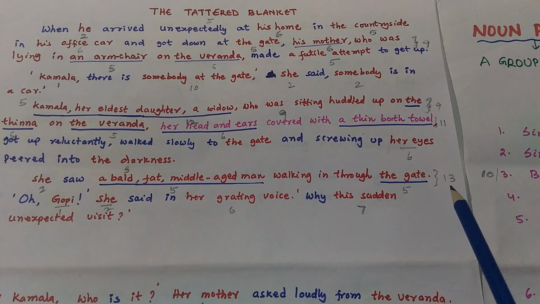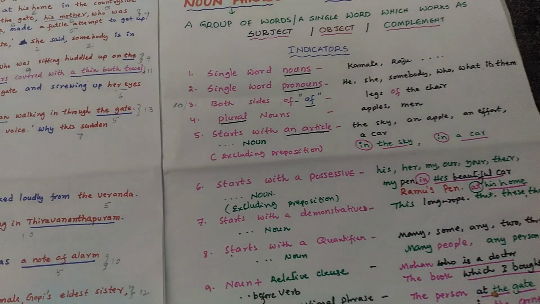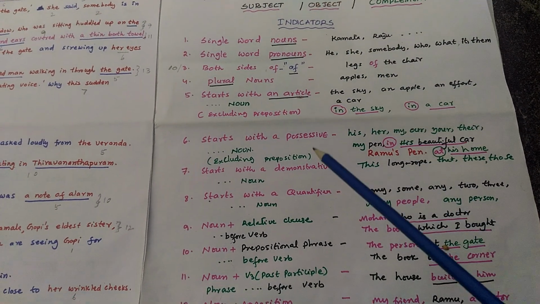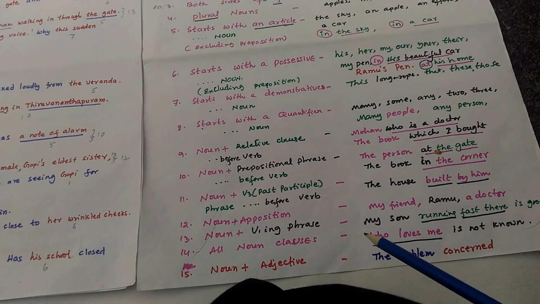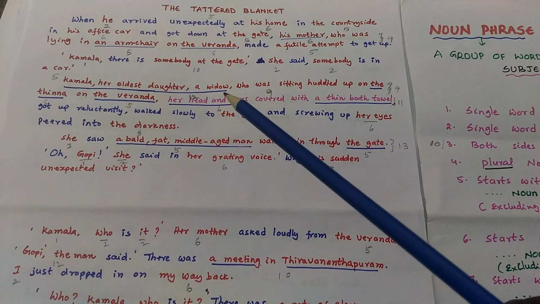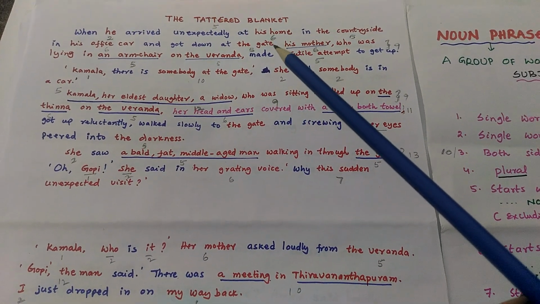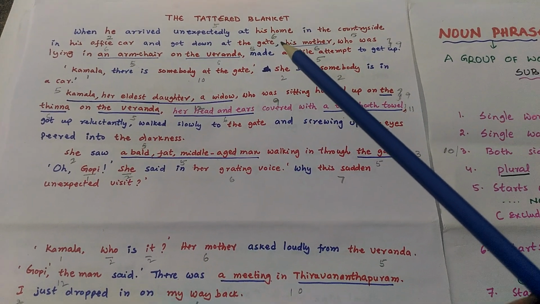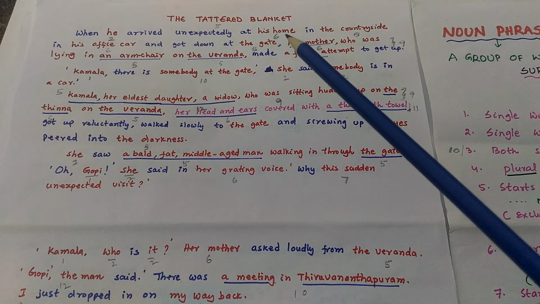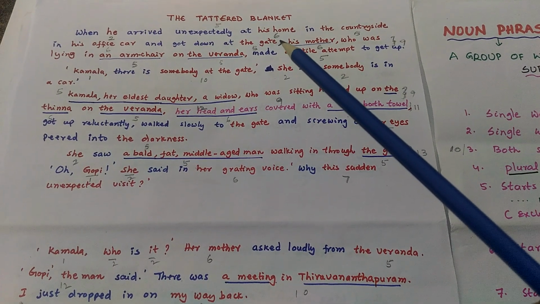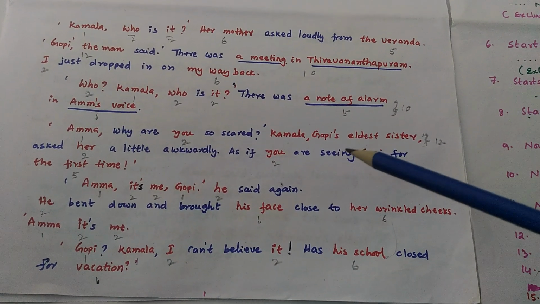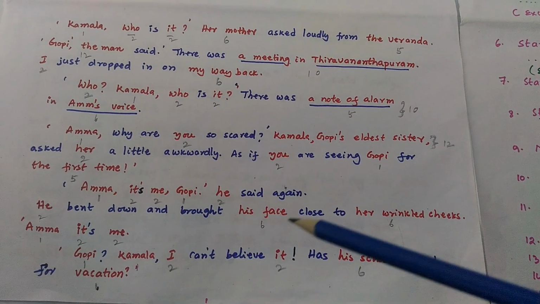If you go through the indicators in detail, then we can easily know why a particular red ink marked phrase is called a noun phrase. So if you want to know the reason behind calling this phrase a noun phrase, it is given in the form of indicators.